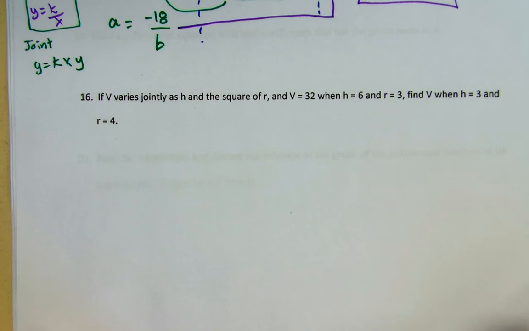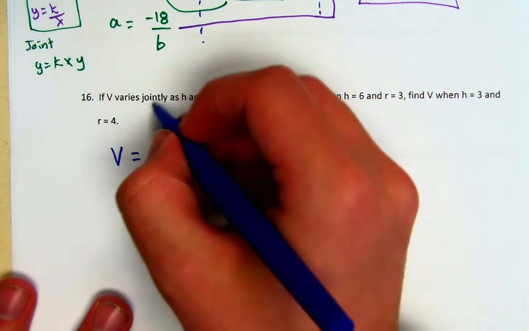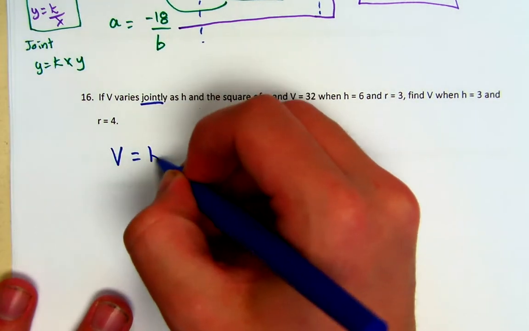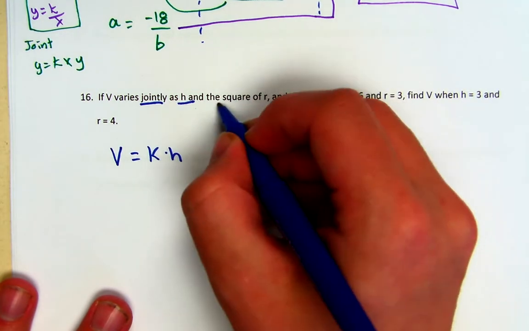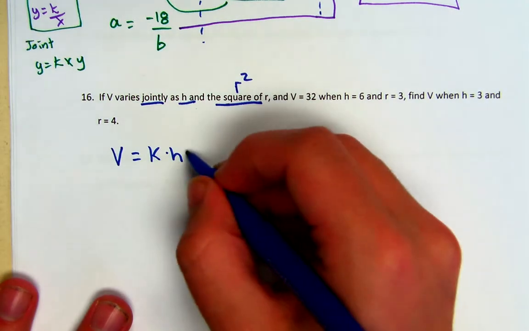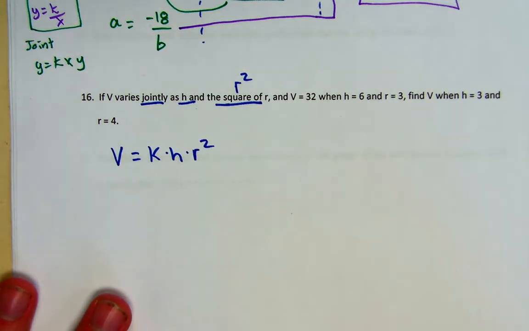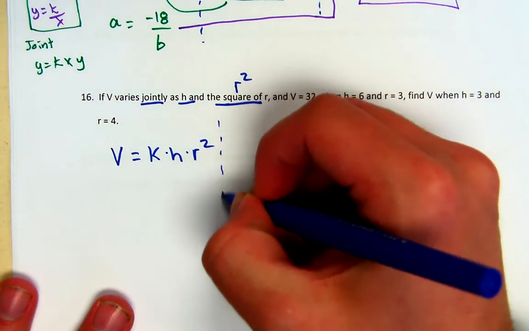Same thing for number 16, except we're doing joint variation now. So V varies jointly, so I need K as H times the square of R, that's R squared, so times R squared. Alright, so that's the first thing, general equation.